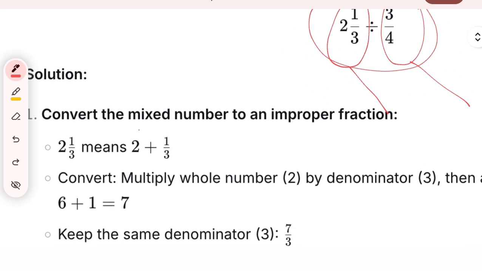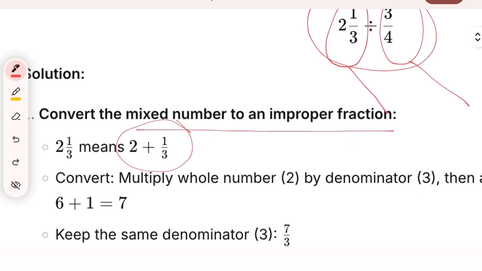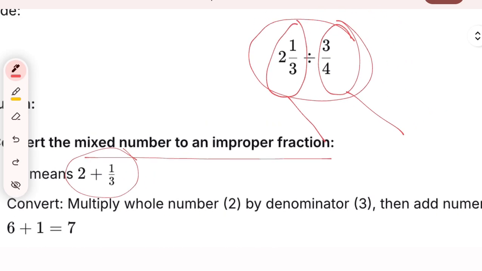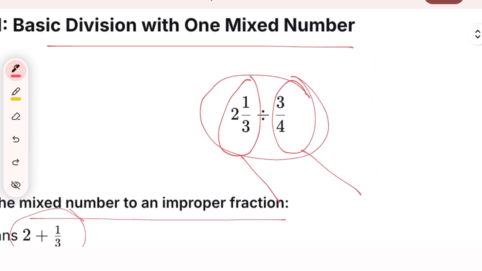To convert the mixed number into an improper fraction, that means you need to add 2 and 1/3. What you will do, this is the trick now, is you multiply 2 and 3, that is 6. And then you add 1. So 2 times 3 is 6 plus 1, 7.